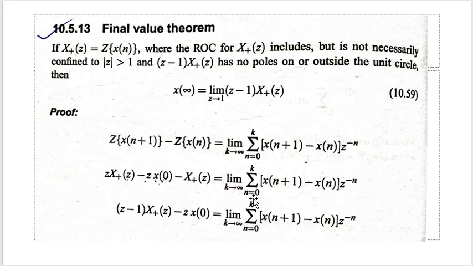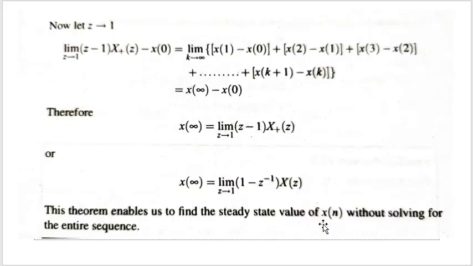Then the right hand side will remain the same. If you simplify this, z minus 1 will be taken outside, X plus of z minus z x of 0 on the left, and the right hand side will be the same.